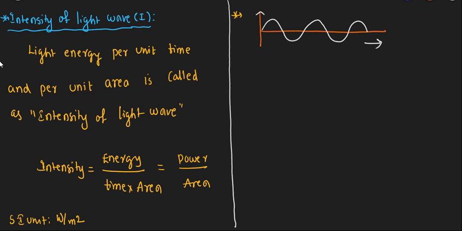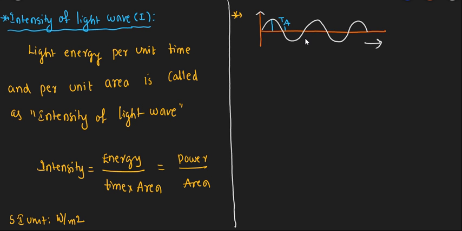Intensity of light wave depends upon the square of amplitude. What is amplitude? The maximum displacement of the wave. This distance, the blue line length, is called amplitude. This is the maximum displacement.